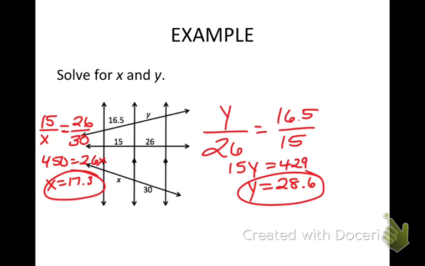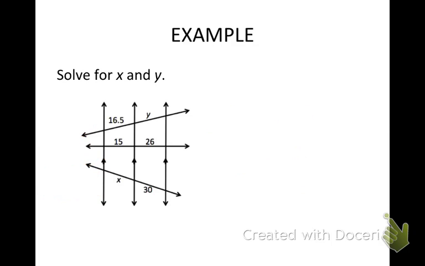We'll get you your x. Okay? So write it as you see it. What is it physically over top of? You could say x over 15. If you did x over 15, then the other side would have to be 30 over 26. So that would be totally fine. Or you could do 15 over 26 equals x over 30. That would be fine also. Okay? All right, third scenario.